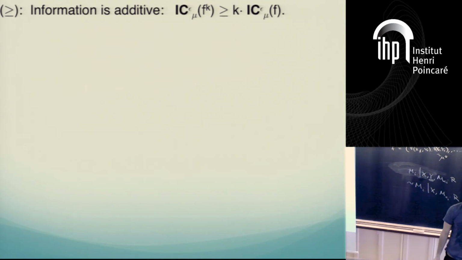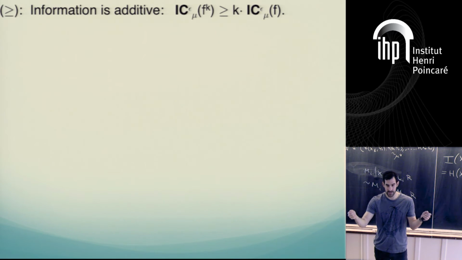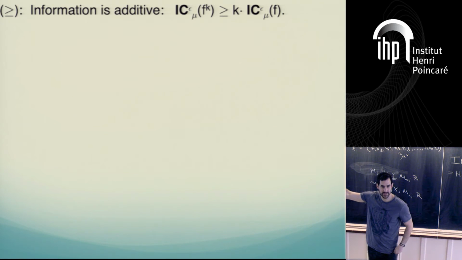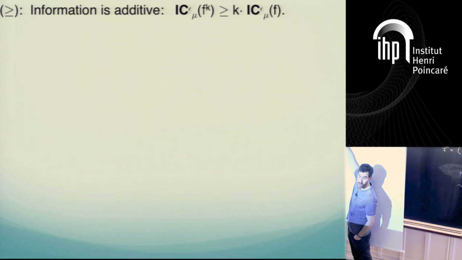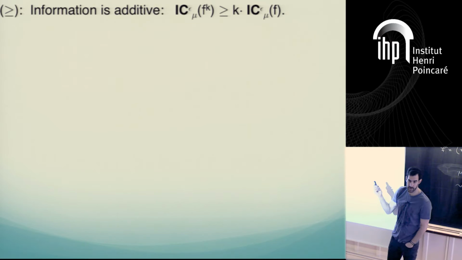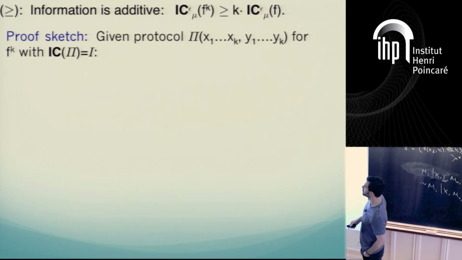Another way of saying this is that for any protocol solving k independent copies of a function, the average information it reveals on a random index is the overall information divided by k, the number of copies. Make sense? Okay. And of course, because information is always a lower bound on communication, this will prove that the communication cost of solving k independent copies will be at least as large as this, and this will finish the first direction of the theorem.